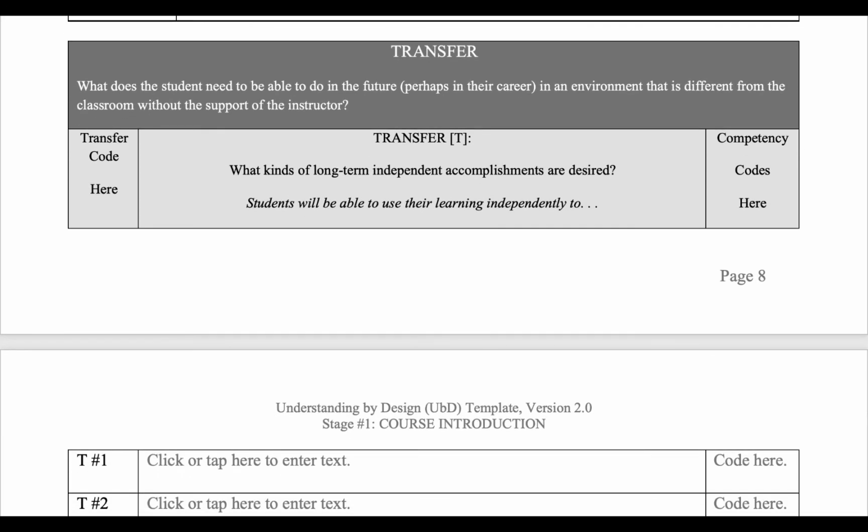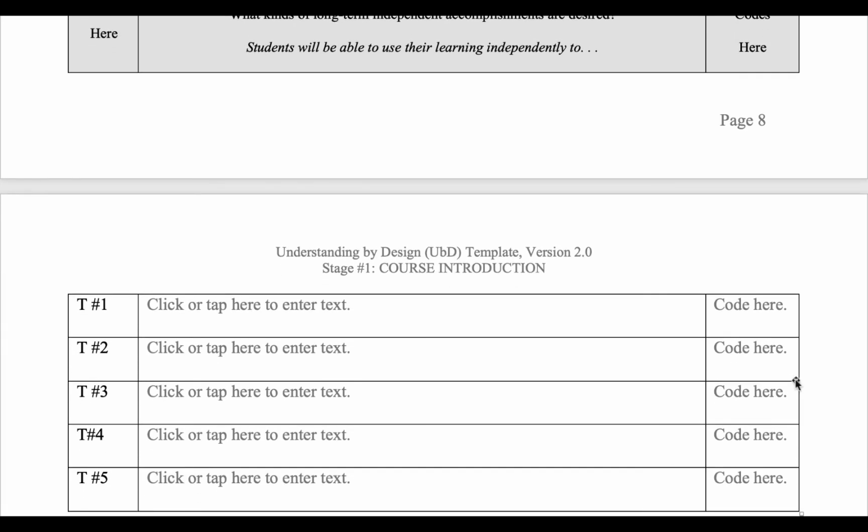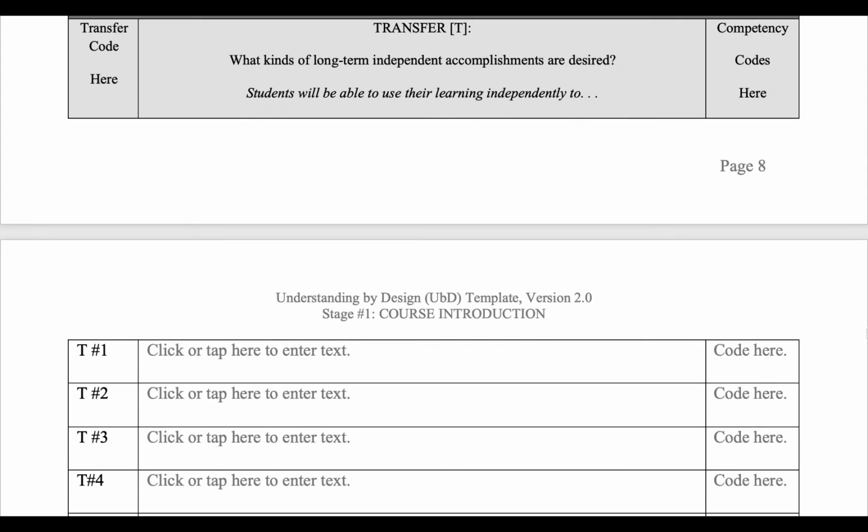Next, we're going to talk about transfer. Transfer is the big learning from this unit that we want them to be able to use in other classes or out in the job that we're training them to do, or in other parts of their lives. So what will this unit teach them that they can use outside of this class?